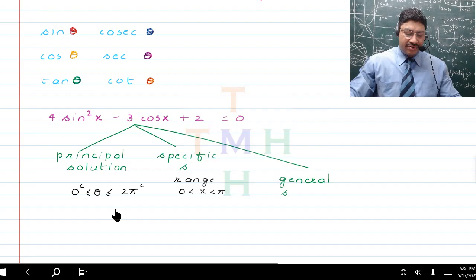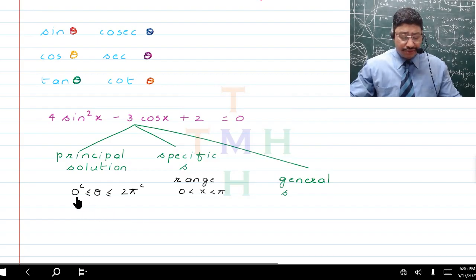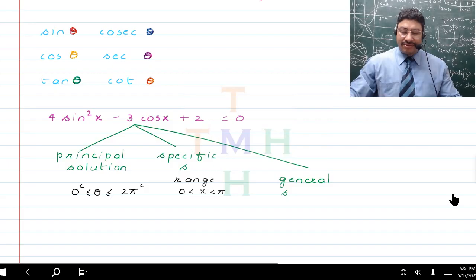Can you see here, children? Here we talked about the value of theta varying between 0 and 2 pi radians. Then it is known as the principal solution. So this value of sine that we've got to be 0 is actually forming the principal solution because it is in this range, right? Okay, now getting back to the sum.